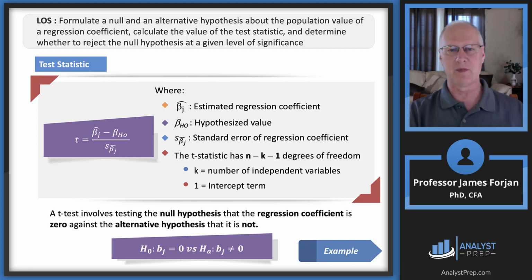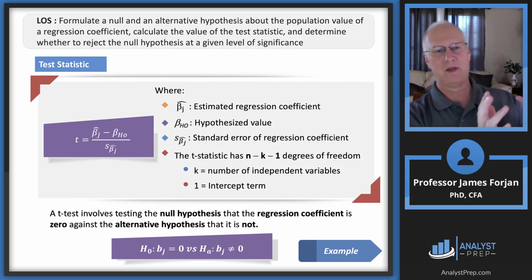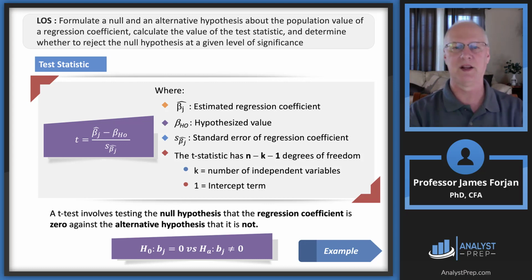I set it up so that if I'm right in developing my model, then I'm going to be able to reject the null hypothesis. Versus the alternative hypothesis, where the slope coefficient or the partial slope coefficient is not equal to 0. So there's your key there. The not equal to 0 means that it could be on this side of 0, and it could be on this side of 0, which means that it is a two-tailed test.